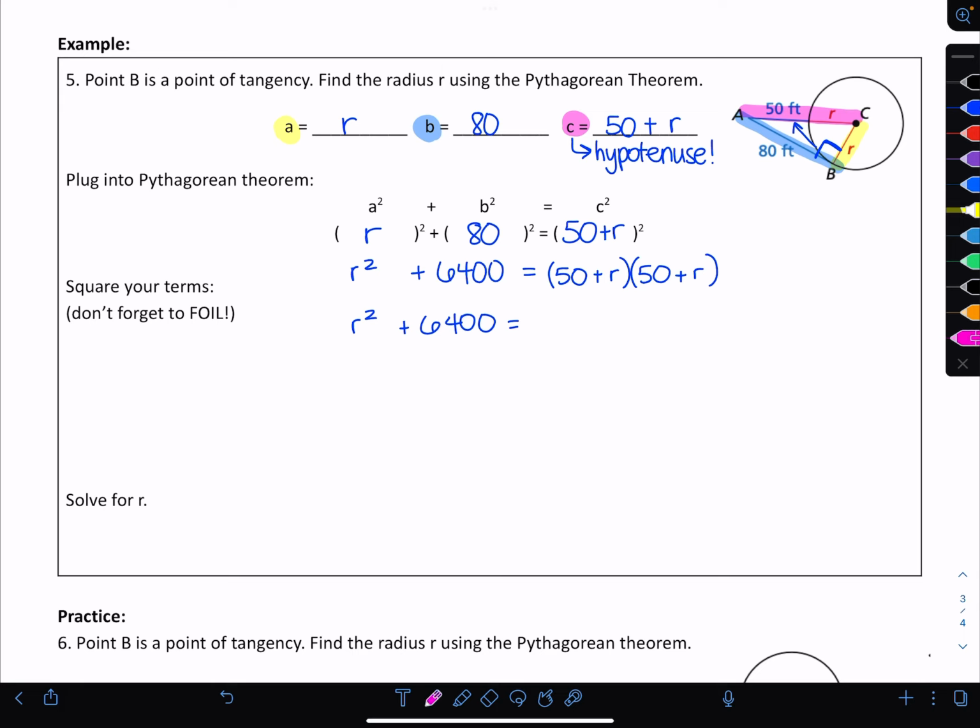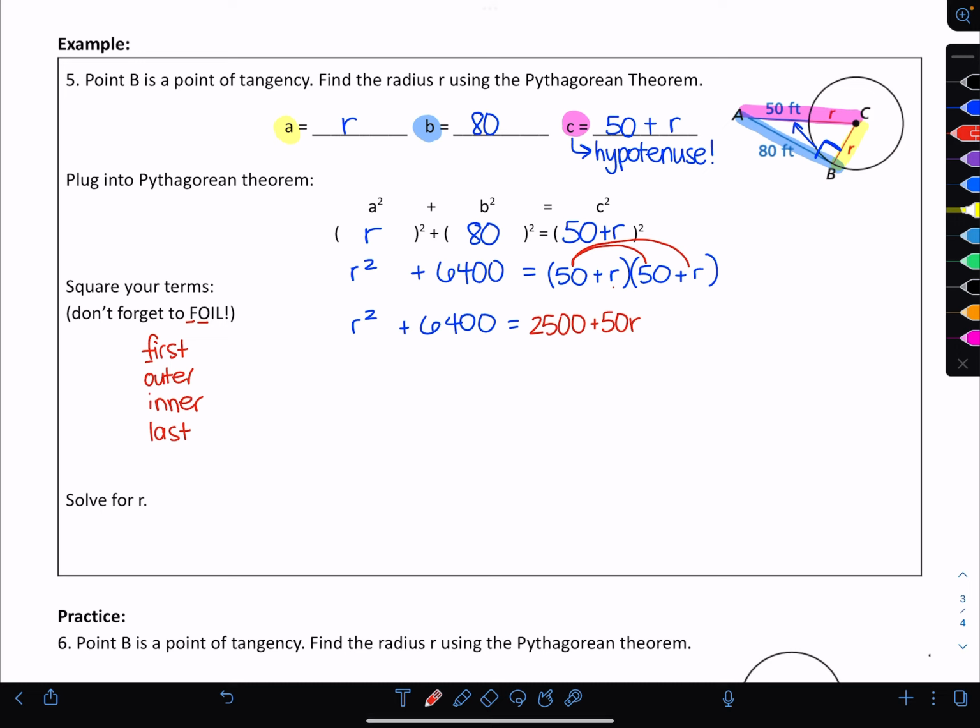Remember that FOIL in algebra stands for first, that's the F, outer, that's the O, inner, and last. You might also remember it by these kind of little curvy lines. So first we need to do 50 times 50, which is 2,500. We need to do the outer, so 50 times r, so plus 50r.